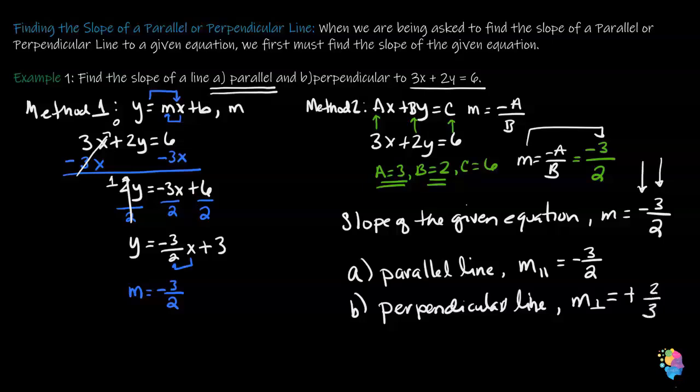Now we don't need to write the plus here, so we can rewrite this as just positive 2 over 3. So the slope of the parallel line will be the same as the given equation, and the slope of the perpendicular line will be opposite in sign and reciprocal.